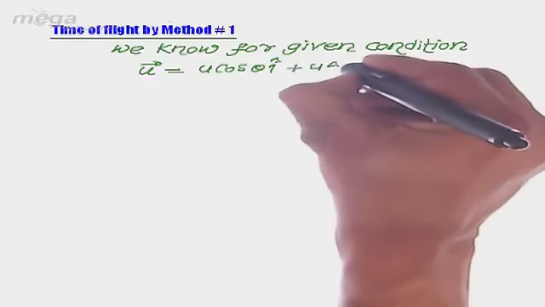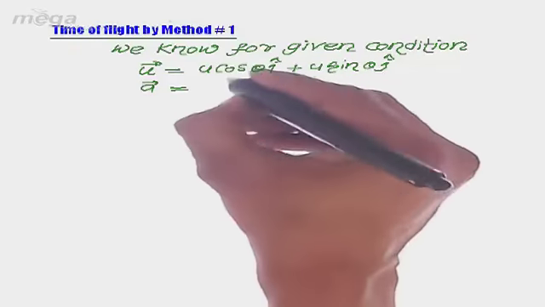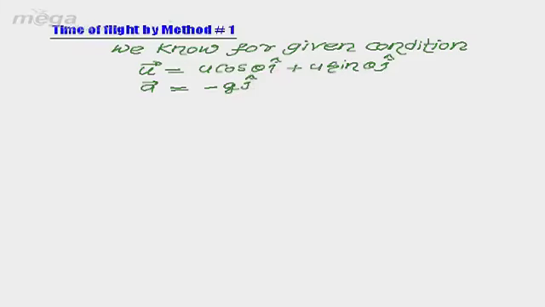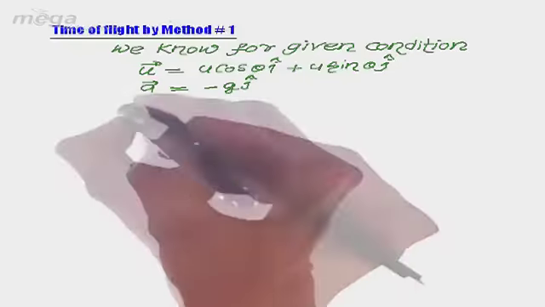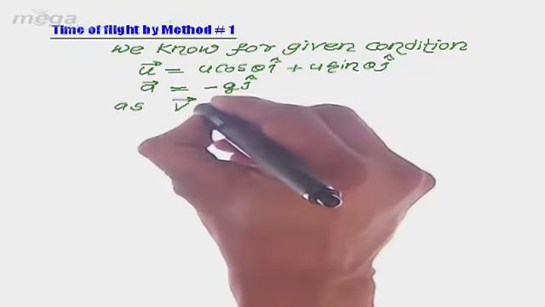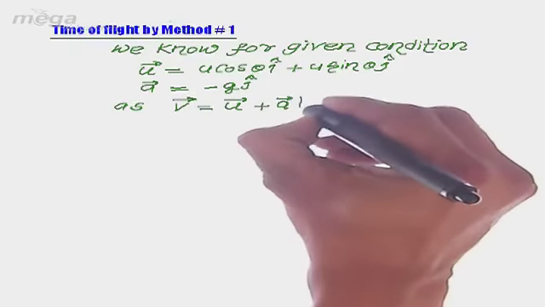We know that for the given condition, the initial velocity of the projectile is u cos theta i cap plus u sin theta j cap. The acceleration, which we wrote on the previous page, is minus g j cap, where g is the acceleration due to gravity. Now, the equation which we will follow is vector v equals vector u plus vector a into time.